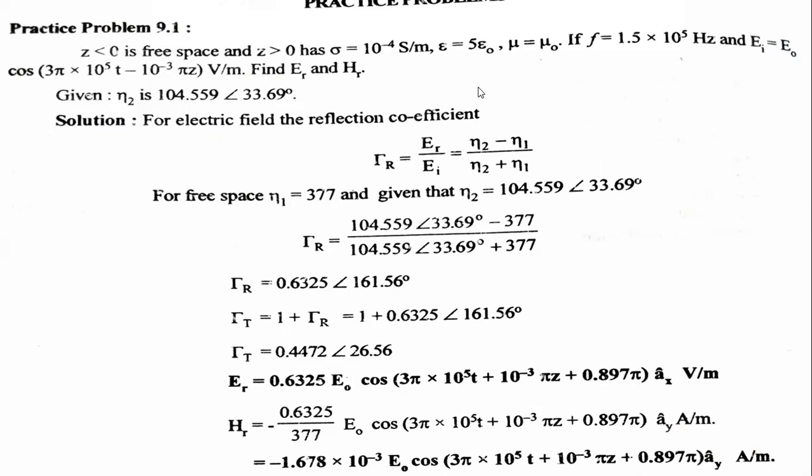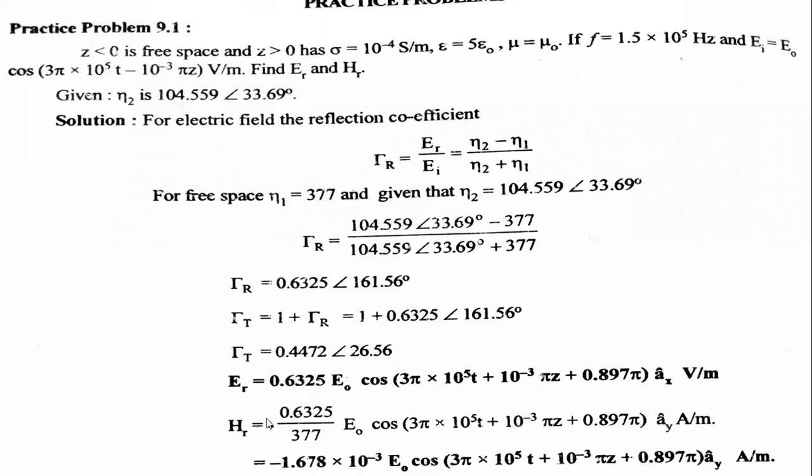Similarly, HR is nothing but the ER divided by eta, that is 377, because HR is equal to E divided by eta. What is my ER? ER is 0.6325 E0 cos of 2 pi 10 raised to power 5 t plus 10 raised to power minus 3 pi z, plus the phase term, but in the y direction, because the electric field is in the x direction.